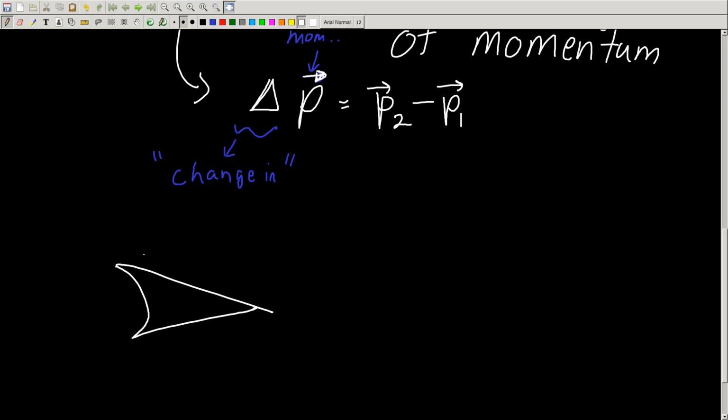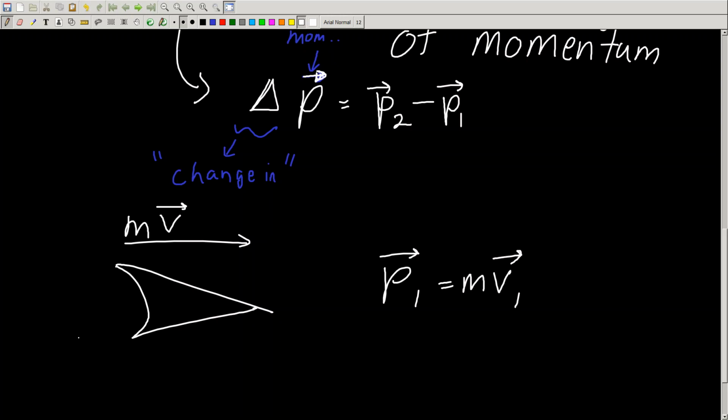Okay, let's say that is a spaceship, and it's traveling with some velocity v, and it has some mass m. What I'll say then is that the initial momentum p1 equals m times v1. So the initial momentum is p1, and it's traveling at a constant velocity.